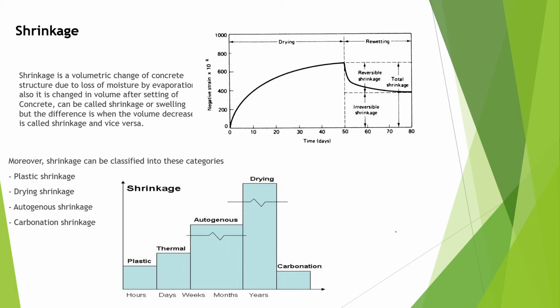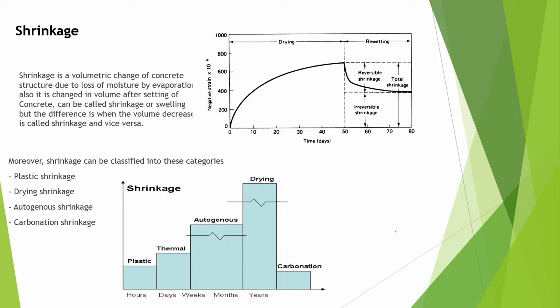Then we will recall a little bit about shrinkage and how it can be categorized. Shrinkage is a volumetric change, meaning a decrease of volume, and we can categorize it into four categories: plastic shrinkage, dry shrinkage, autogenous shrinkage, and carbonation shrinkage.